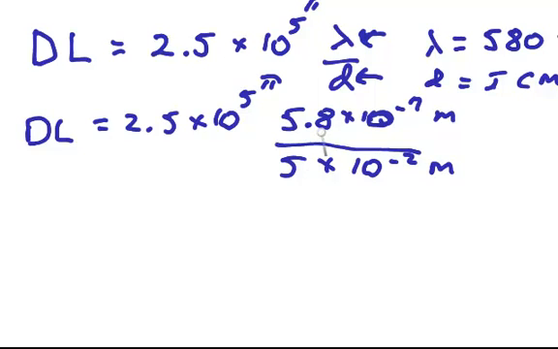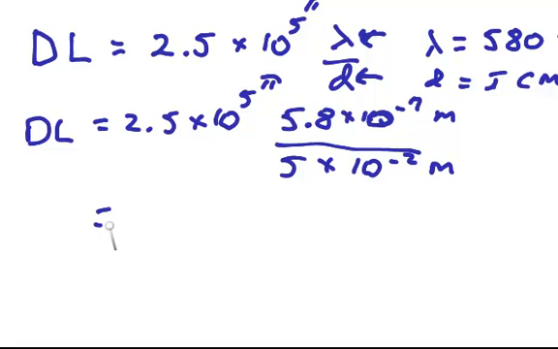This is not a bad number to divide. 5.8 divided by 5, and 10 to the minus 7 divided by 10 to the minus 2, is going to be something a little bit greater than 1 times 10 to the minus 5.